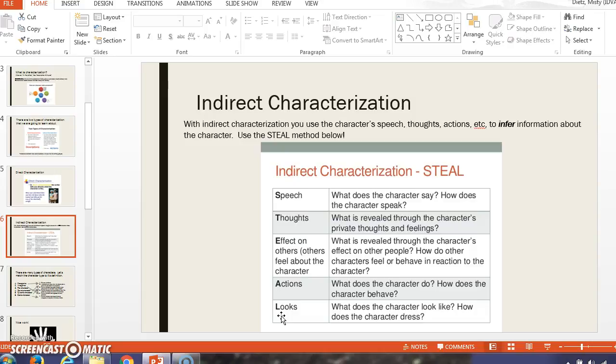But sometimes those physical descriptions of what they're wearing help you infer other things about the character that go a little bit deeper than just their physical look.